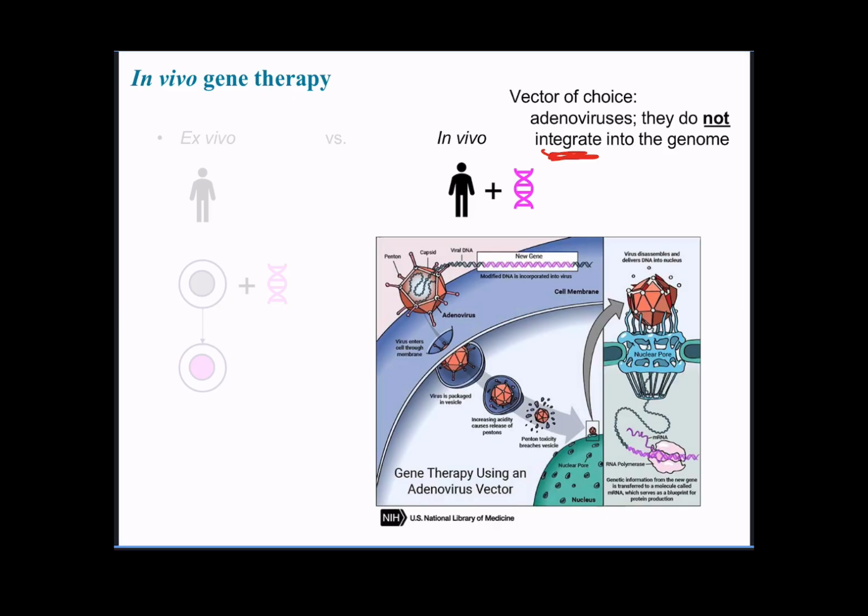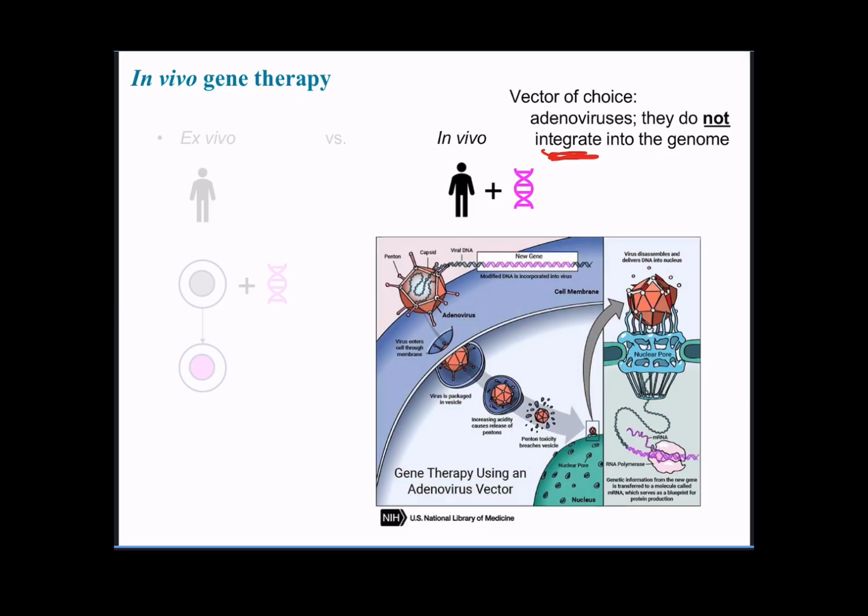There is no risk of interrupting any of the genetic sequences of the patient. There is no risk of any of these interruption of, for instance, tumor suppressor genes that might lead to the formation of a cancer or something like that. All of these things are problems that arise with other technologies that we'll discuss today. But that's not a problem with adenoviruses. They do not integrate into the genome.